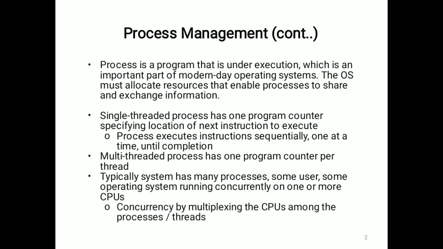Why is it used? It is used to specify the location of the next instruction that is to be executed. So a single-threaded process has one program counter which specifies the location of the next instruction to be executed.